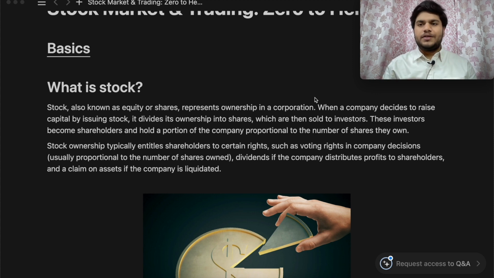The valuation of the company is 1 crore, and 1 lakh shares are there in the company, and each share is now worth how much? 100 rupees. So 1 lakh into 100, it's 1 crore. The total valuation of the company is 1 crore, and each share is worth 100 rupees, and 1 lakh shares are there. So many people will buy it and they'll sell it at some profit or loss.